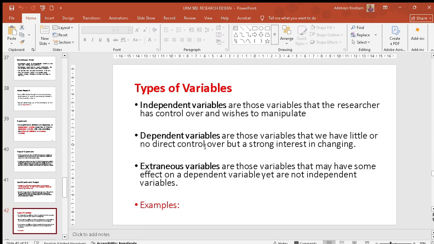The independent variables are generally regarded as those variables that you maybe have control on and then you want to manipulate them. In most cases, this is the one that you think has an effect on the other.